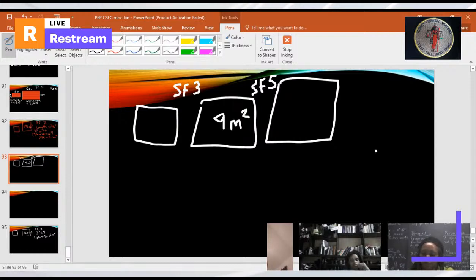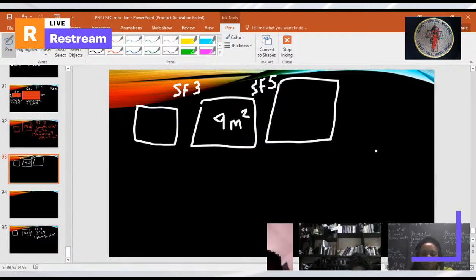Wait, miss, the area of the small one is... square root of 3 is 9. Oh, yes, miss. It's 3 meters squared. Is what 3? But miss, the small box. The area of the small box is 3 meters squared, yes, miss, and the area of the largest one is what?